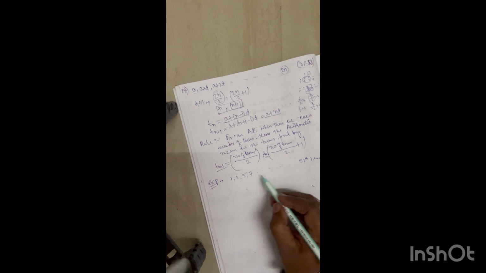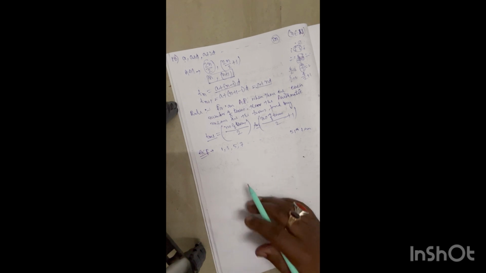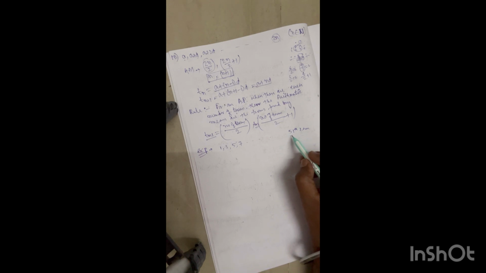Now we have to find the arithmetic mean for this series. To find it, first you have to identify how many terms there are in the series.